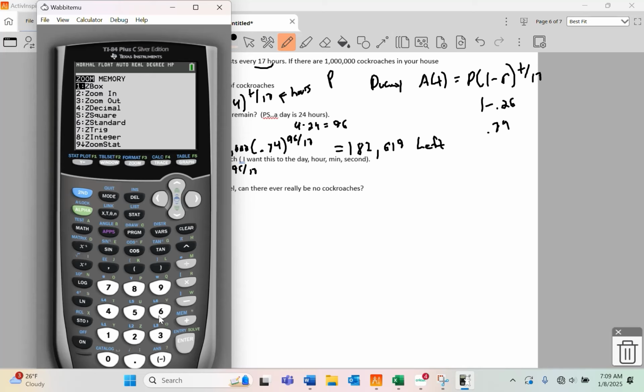I'm going to zoom 6. And you'll see the y equals 1 line. We're going to have to look pretty far in the future. I mean, 96 hours got us down to 182,000. So let's go out 500 hours and see what happens.